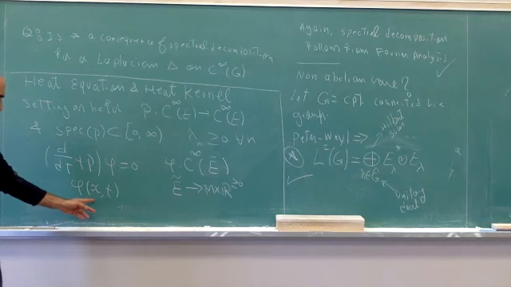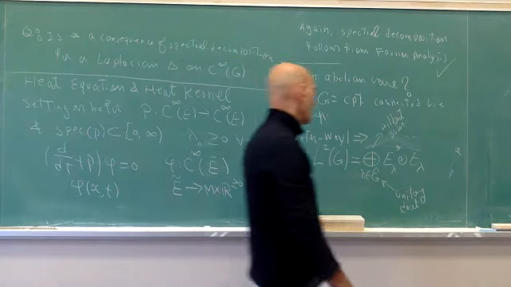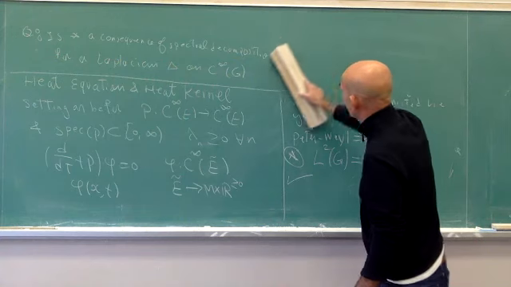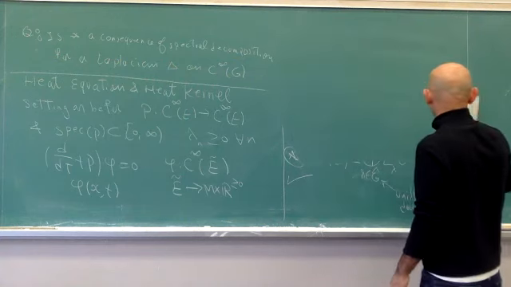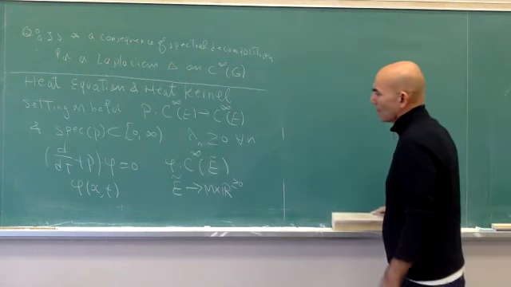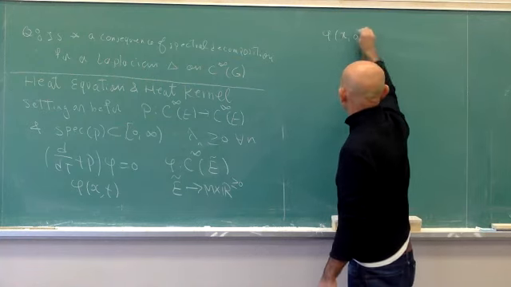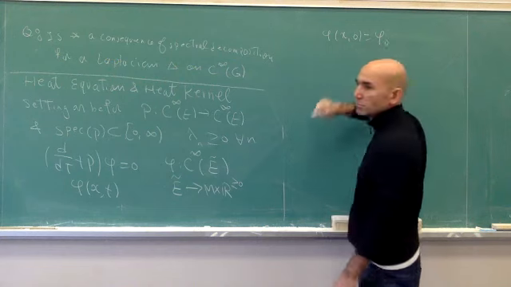And now there is also a boundary condition. The boundary condition should be that phi at x and 0 is equal to phi 0.